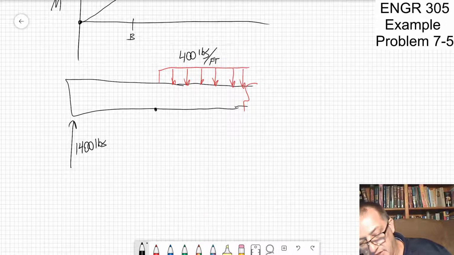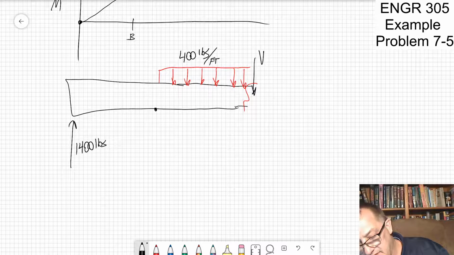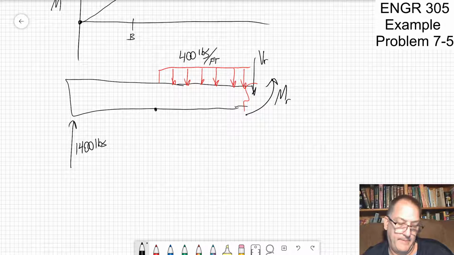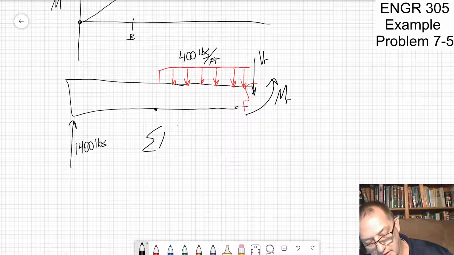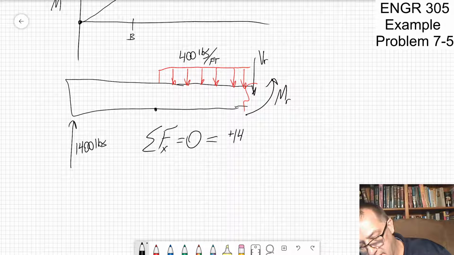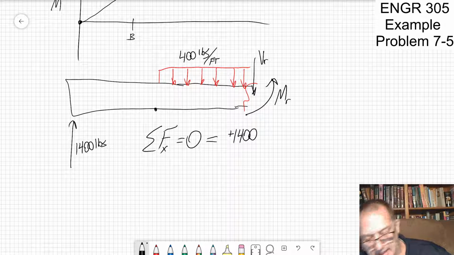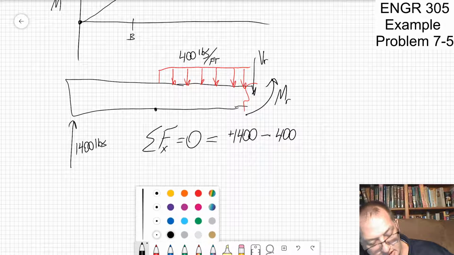I've got my reaction forces that I'm adding here. That's VR, MR. And now I'm going to take my sum. So for this next section, the sum of the forces in the x direction is equal to 0. Well, I have a positive 1,400. And then I get a minus 400 times, now my x is still measured.